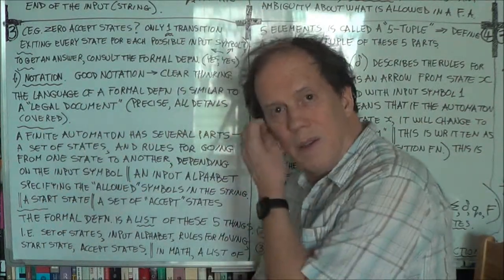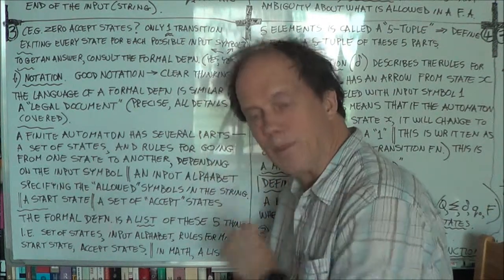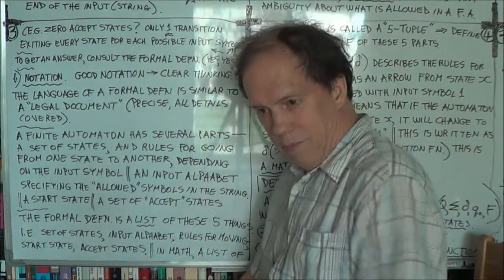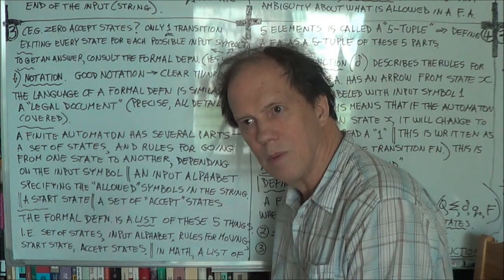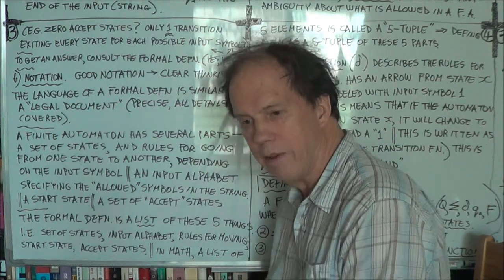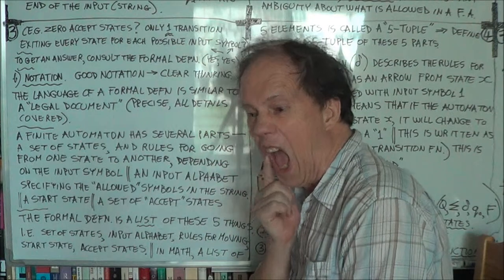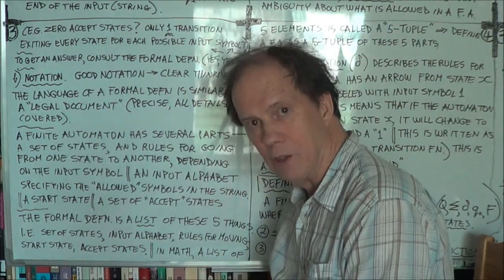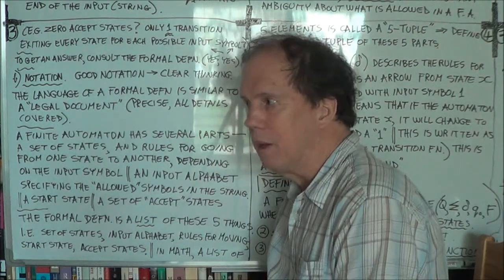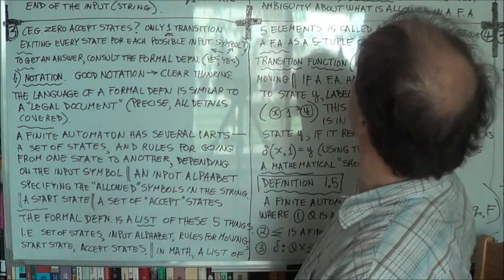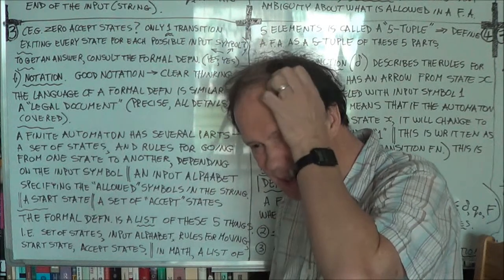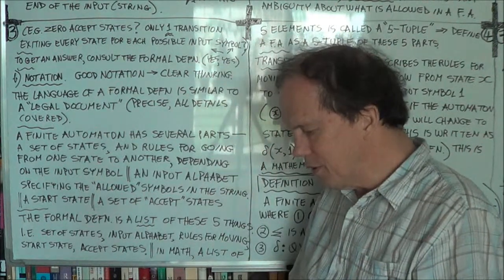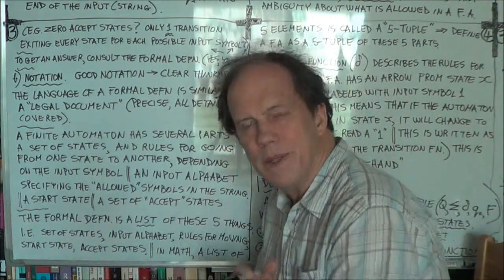Now, towards the end of the previous session, I was providing two reasons, two motivations why it's a good thing to have a formal definition of an automaton. The first was precision, so that allows you to answer questions where things might be a bit ambiguous.